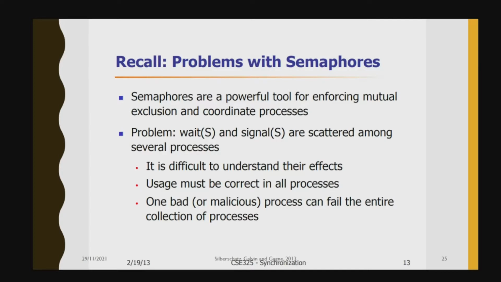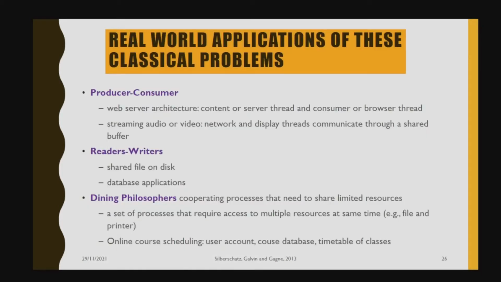Usage must be correct in all processes, meaning the use of wait and signal must be correct. Otherwise, the processes may lead to a chaotic situation. One bad process can fail the entire collection of processes. That's why the usage must be correct for the whole process.